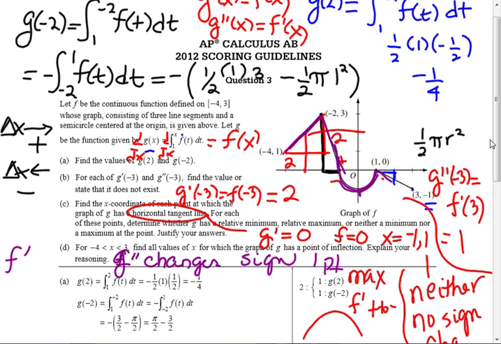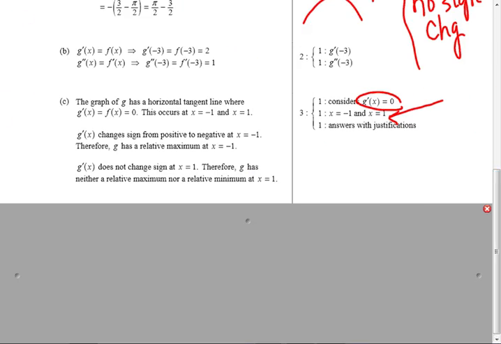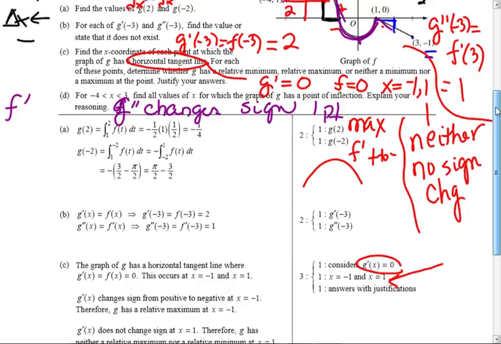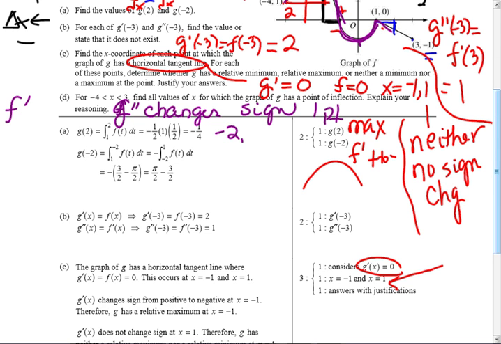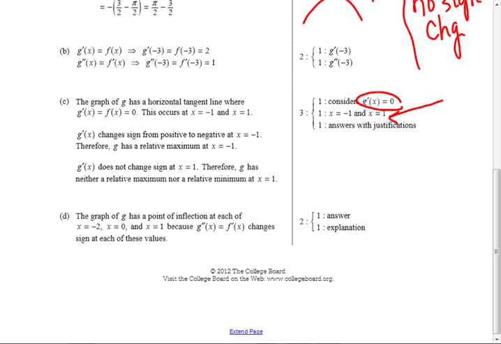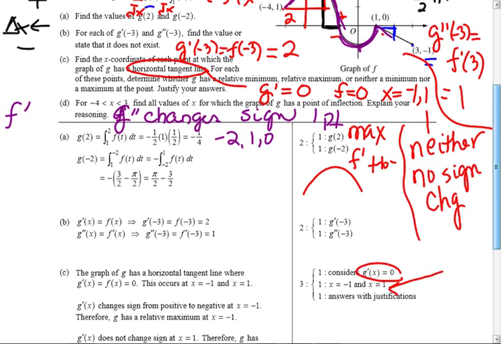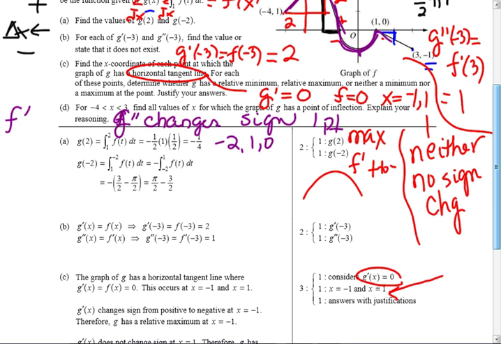So there's 3 of them. -2, 1, and 0. Okay, if you miss one, you still get this point. I wrote the reason first. I always do the reason first, because the reason tells me what to look for. Does that make sense? It always tells me what to look for. So you know that. Okay.